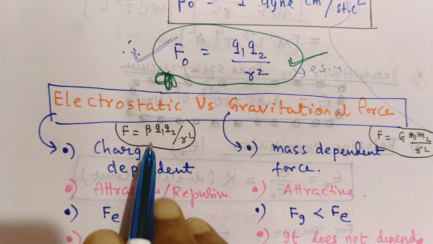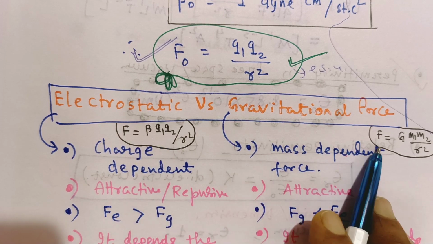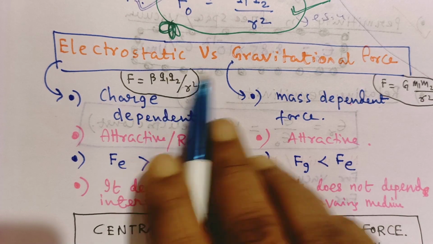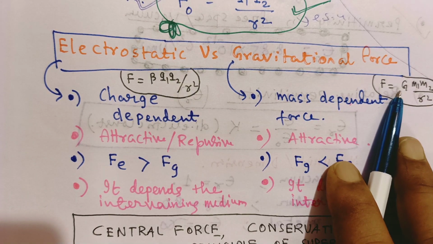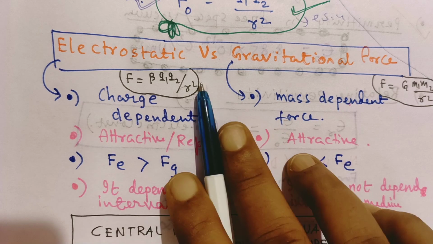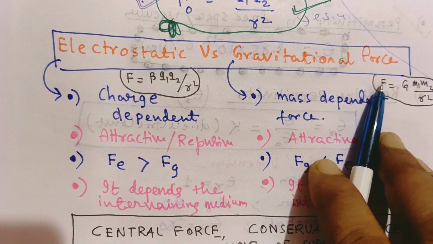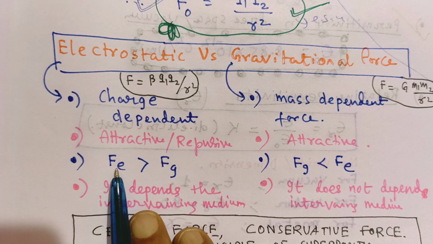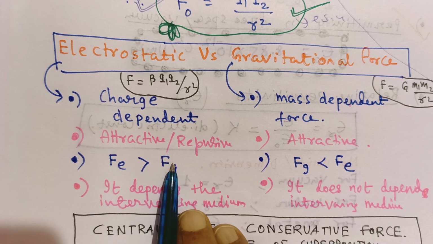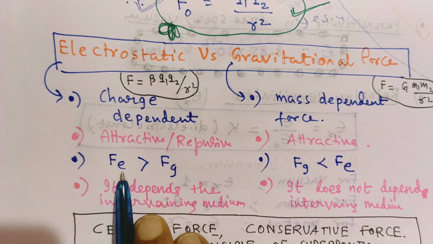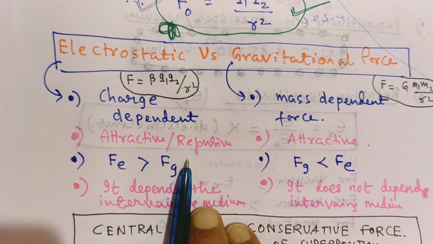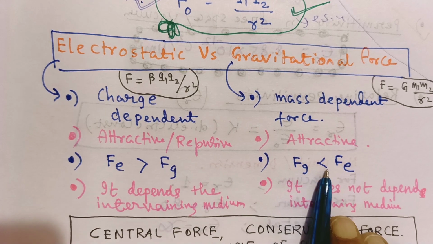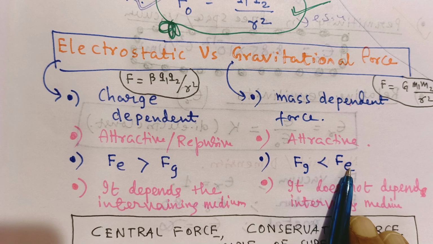If you compare the formulas for two charged bodies, if you calculate the electrostatic force using this formula and the gravitational force using that formula, the magnitudes will be different. Which one will be greater and which one smaller? The magnitude of electrostatic force is greater and the gravitational force is less. Here it is written that the magnitude of electrostatic force is greater than the gravitational force, and here just the reverse, the magnitude of gravitational force is less than the magnitude of electrostatic force.